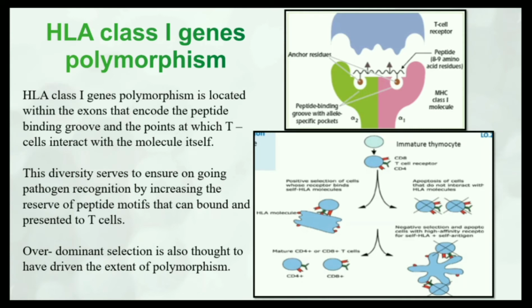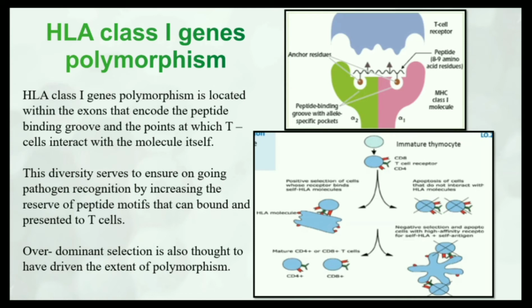In this diagram, the peptide binding groove has allele specific pockets in the alpha 1 and alpha 2 regions, and the anchor residues are also present. The peptide has 8 to 9 amino acid residues, and the T cell receptor is going to bind with the binding site of the MHC class 1 molecule.